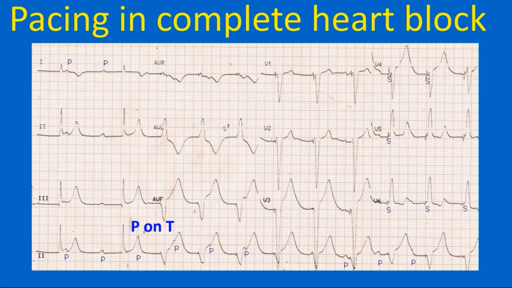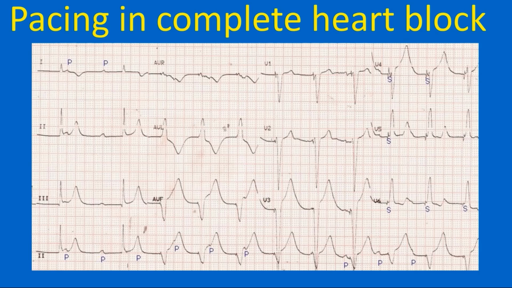Paced beats have a left bundle branch block pattern with negative QRS complexes in inferior leads, indicating pacing from the right ventricular apex. This pattern is seen as wide S or QS complexes in anterior leads and slurred R waves in lateral leads.